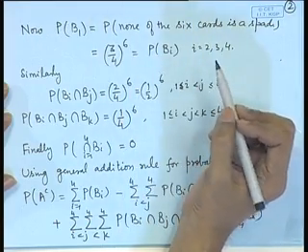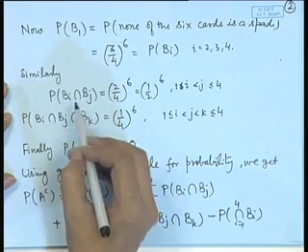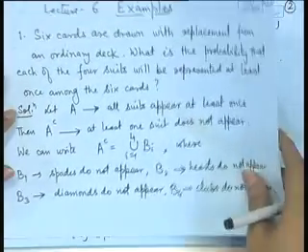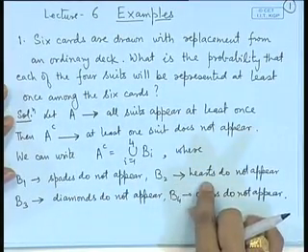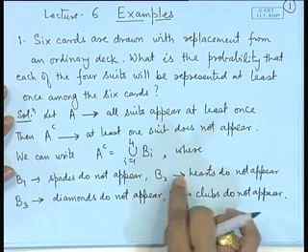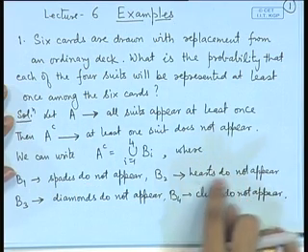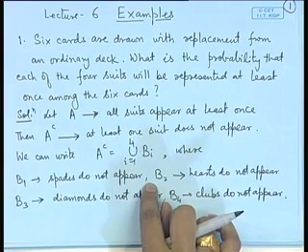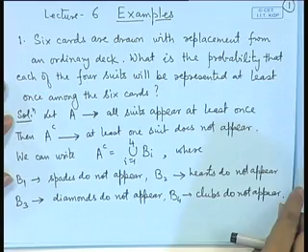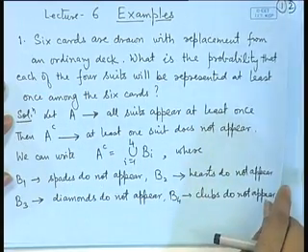Now, in a similar way, let us consider probability of B1 intersection B2. B1 means that the spade does not appear, B2 denotes the event that hearts do not appear. So, B1 intersection B2 means that in the drawing of the cards, spade and heart do not appear. Now, in a deck of 52 cards, 26 cards are spades and hearts. So, in a single draw, the probability that it is not a spade or a heart is half.